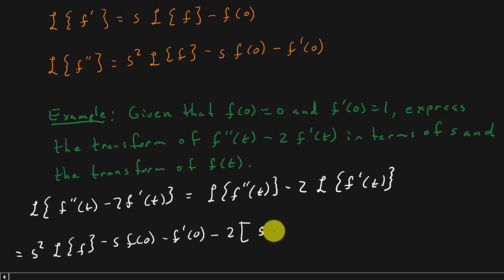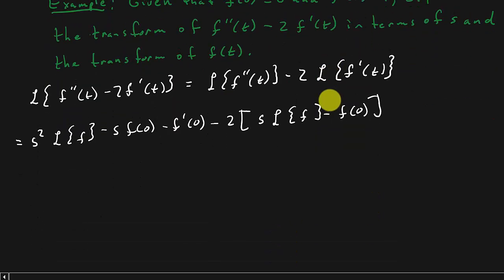That's s times the Laplace transform of f minus f of 0. Okay, so all I did, I just used these. I replaced this with this. See, that's right here. And then minus 2 times the Laplace transform of f prime, which is this, which I wrote right there.